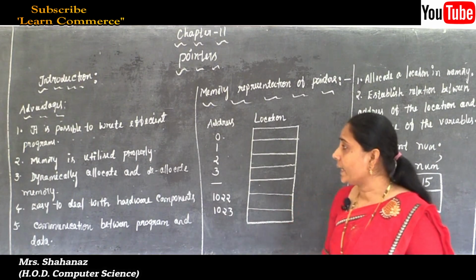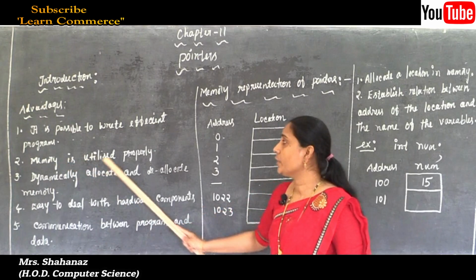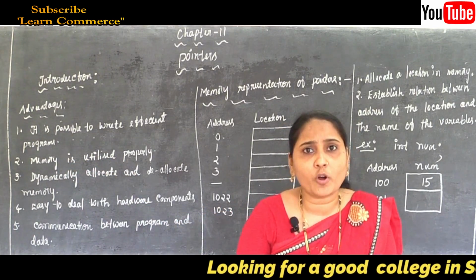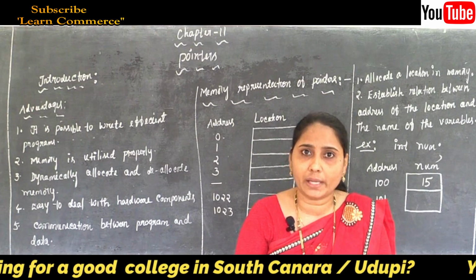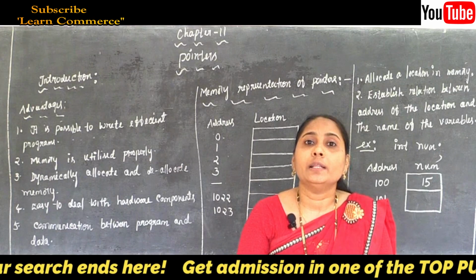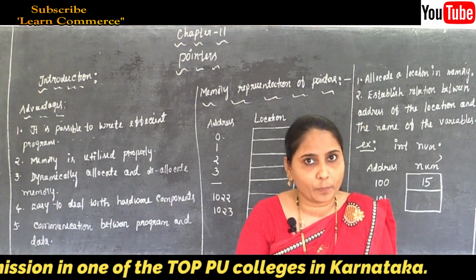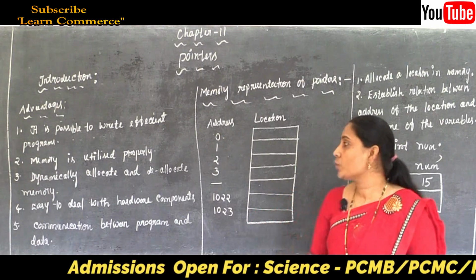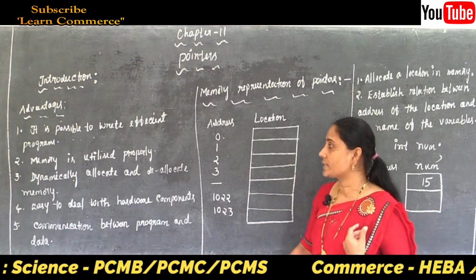And the second, we can say that the memory is utilized properly. When you want any memory space for the declaration of the variable, you will get such a memory space here. So the second point, the memory is utilized properly.